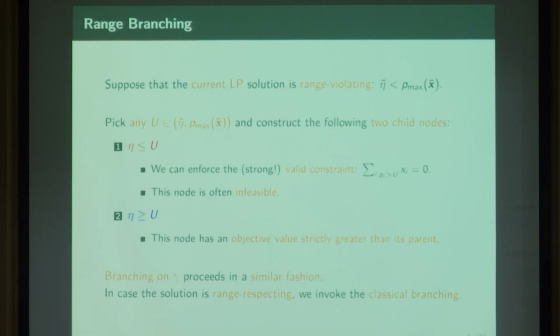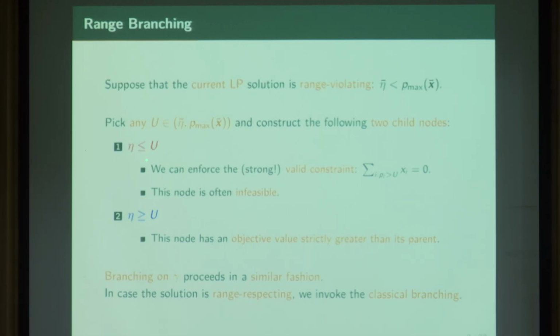So, our proposal is relatively simple. I will go for a picture in a second, but let's assume that it's range violating. So range violating means that eta bar is strictly smaller than the Pmax, okay? So now what do I do? I just take a capital U, which is between eta bar and Pmax, and I construct two children by branching, saying, well, now eta, that is my variable representing the maximum, is going to be either less or equal than u or greater or equal than u.